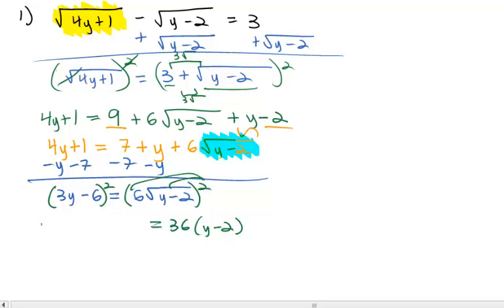On the other side, we square in much the same way we always have. 3y squared is 9y squared. Multiplying, we have negative 18y, and negative 18y is negative 36y, plus 6 squared is 36.